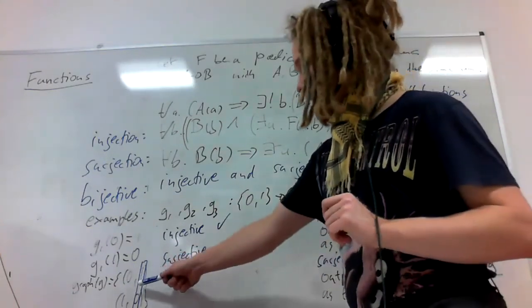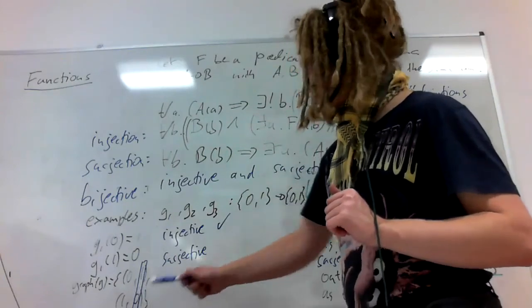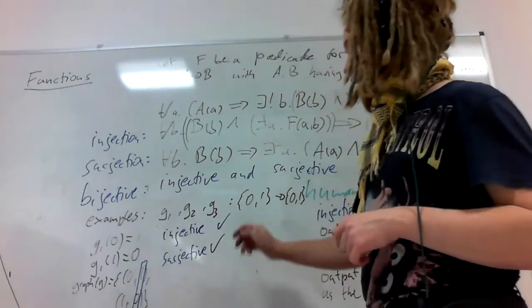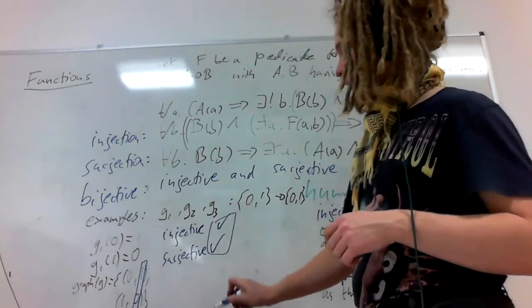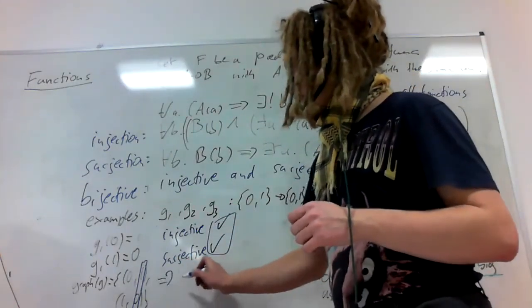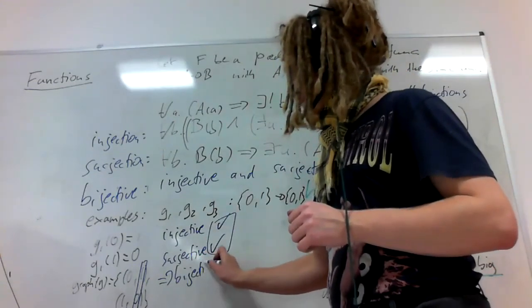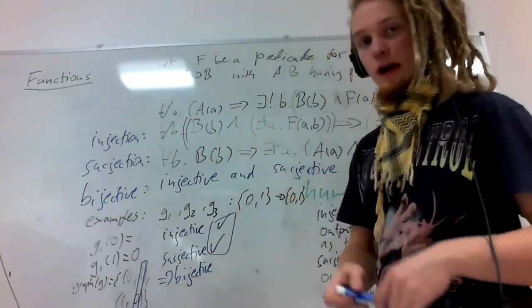We also have that. We have hit a 1, we have hit a 0. So each element in the output is being hit. And as we have both of those, it follows that the function is bijective. All right.